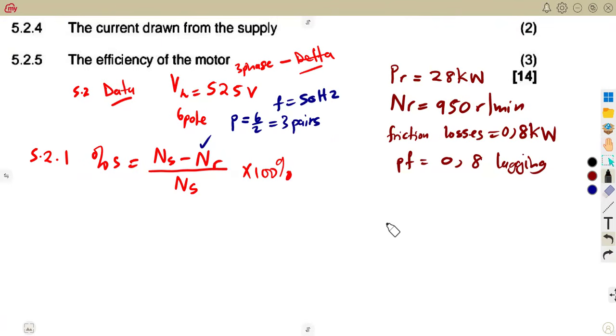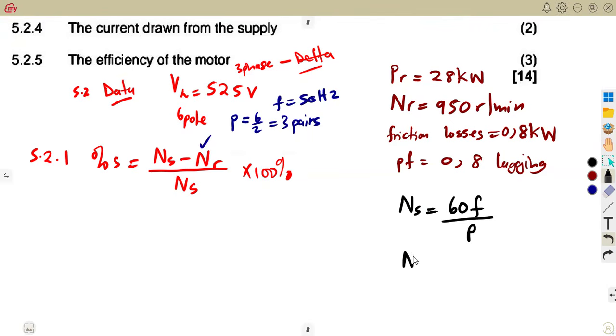So as we can see, guys, we need the synchronous speed. That is going to be NS. The other speed is given in revs per minute, your rotor speed. So use the formula that will give you per minute. You're going to use 60F over P instead of just using F over P, to obtain the revs per minute.